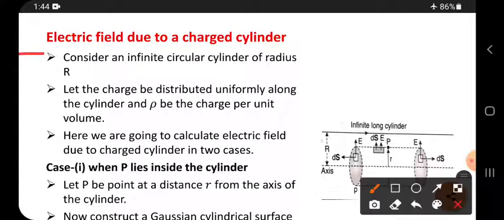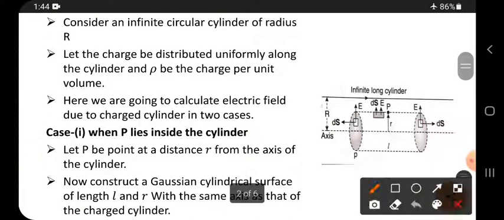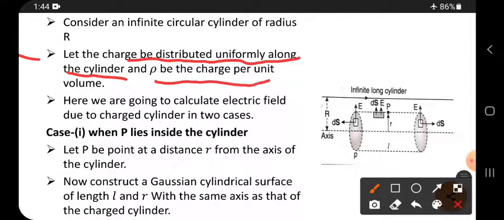Consider an infinite circular cylinder of radius r. So this cylinder is of infinite length, right? And whose radius is capital R. Let charge be distributed uniformly along the cylinder and rho be the charge per unit volume.